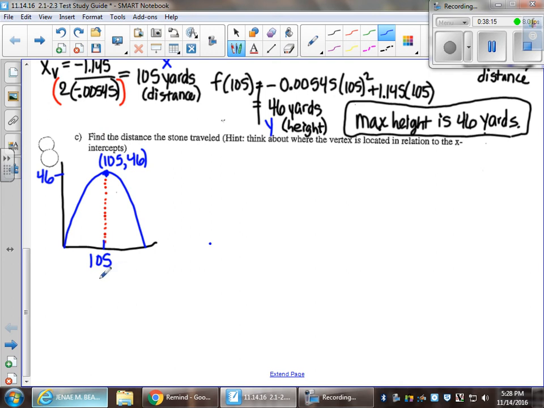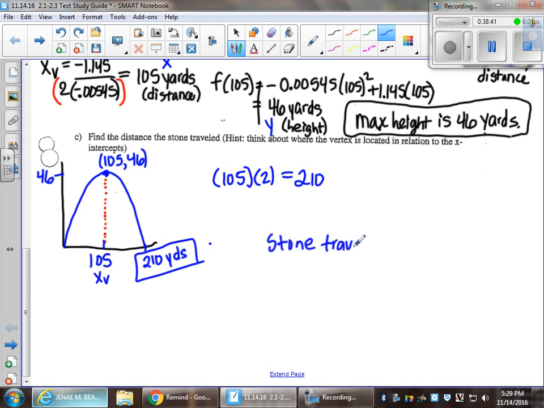So here's x v. If I double my vertex, 105 times 2, what does that equal? 210. This is at 210 yards. So, the stone traveled a total distance of 210 yards.